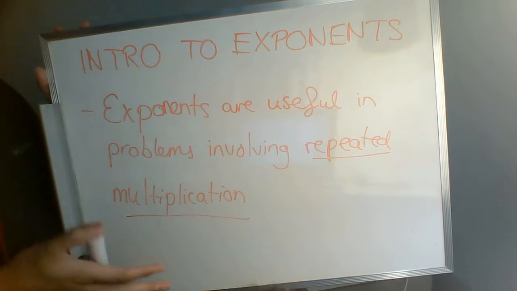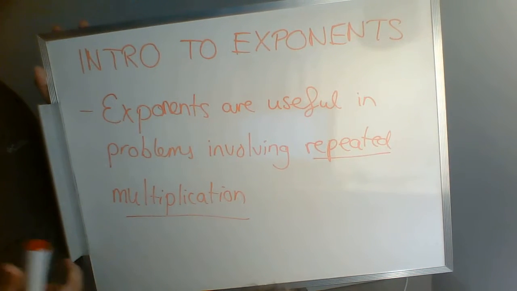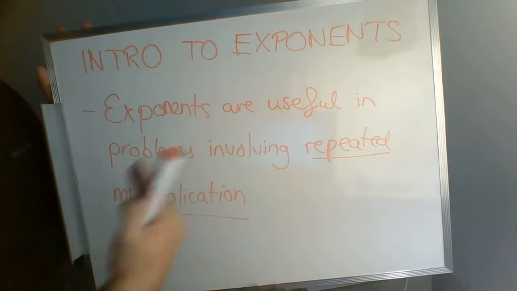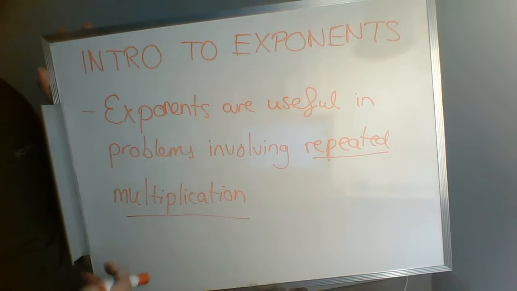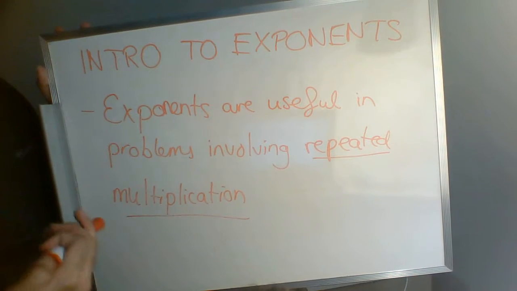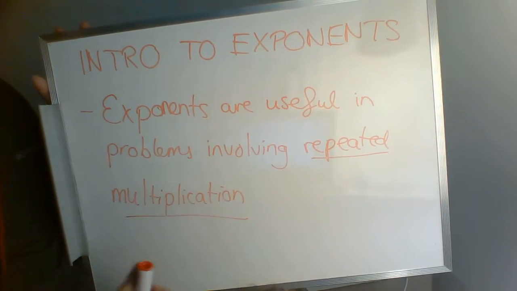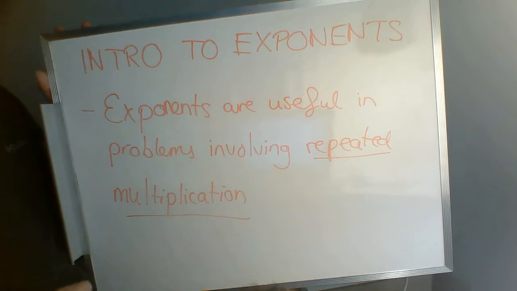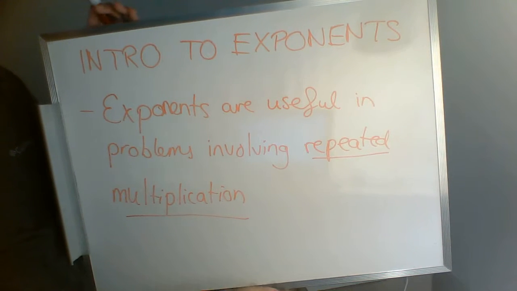Now for exponents, it's a similar idea, but instead of adding numbers, we're multiplying them. So sort of the next step in the chain, you could say that if you're repeatedly multiplying numbers by themselves, so 2 times 2 times 2 times 2 and so on, then you could use an exponent to represent that in a different way.